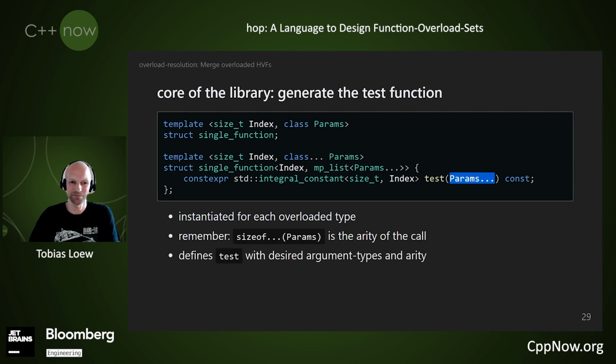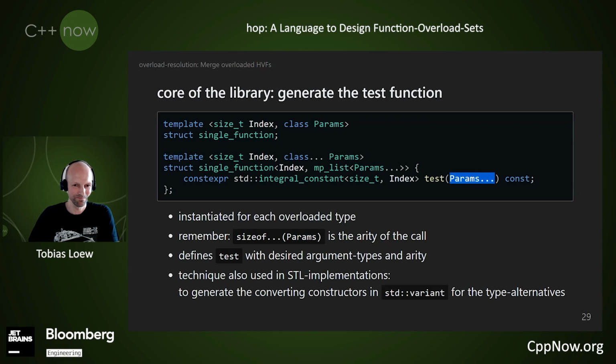This technique of generating test functions you can also find in the STL implementation, and that's where I also got the inspiration from, because when I tried to match the types by overload resolution, I thought, how does std variant do it?